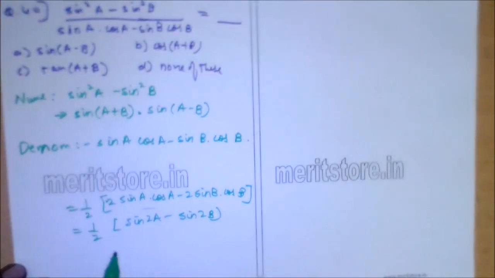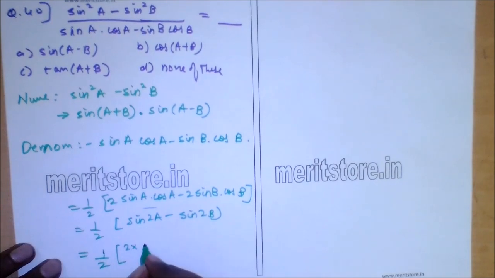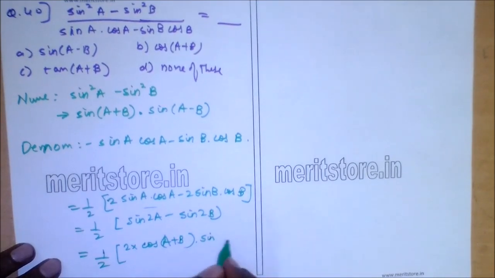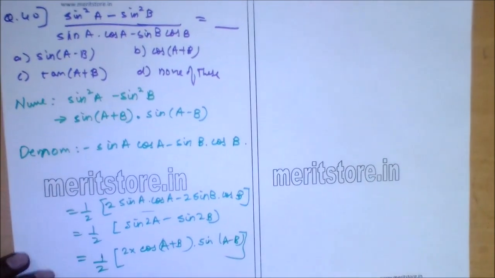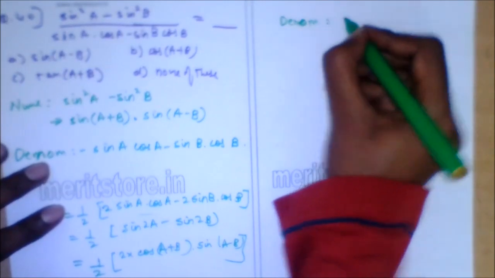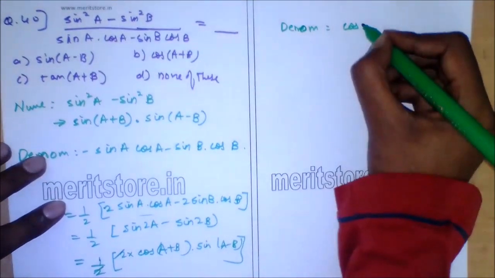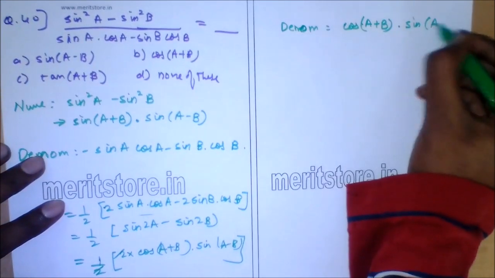So now we apply the formula sin A minus sin B. So this gives us half into 2 times cos of A plus B into sin of A minus B. That is, the denominator is, 2 gets cancelled here, so cos of A plus B into sin of A minus B.